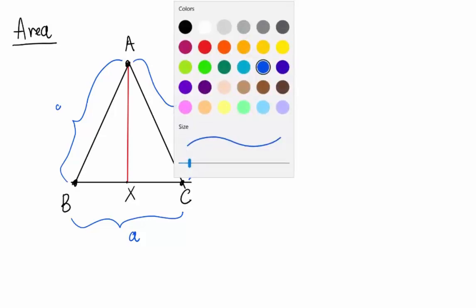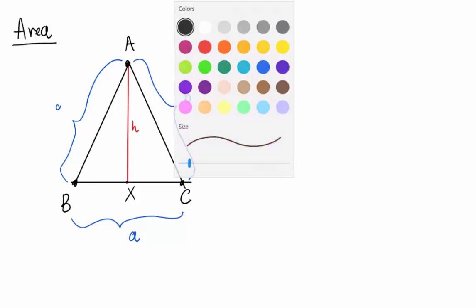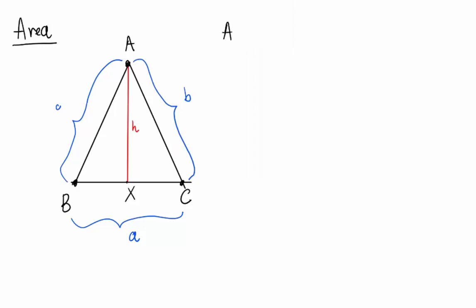And we will say that the height measures exactly AX. So in other words, what we are saying is that AX is h, AC is b, BC is a, and AB is little c.